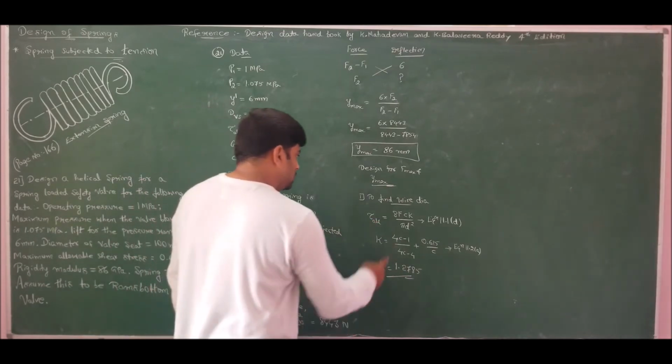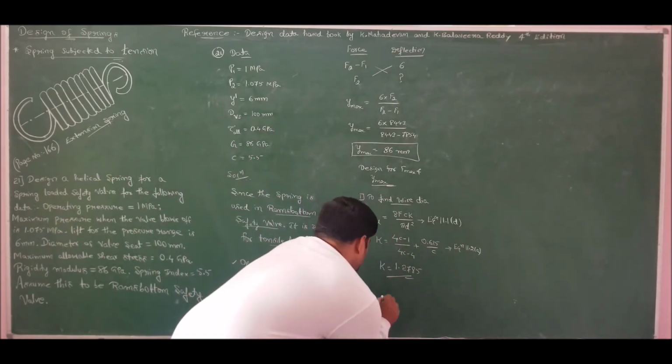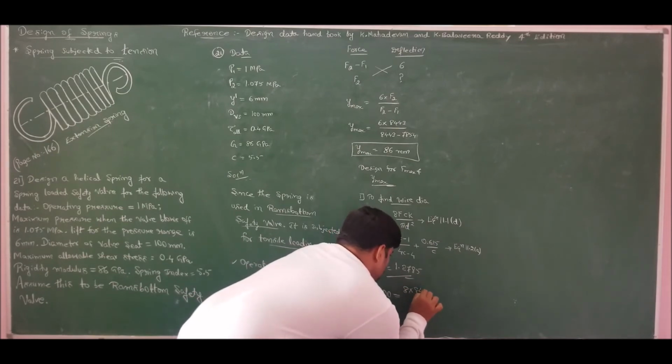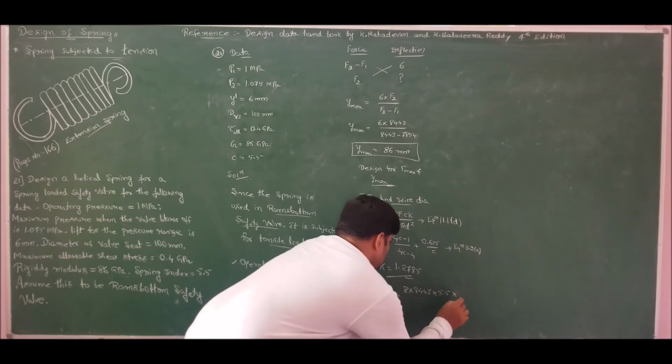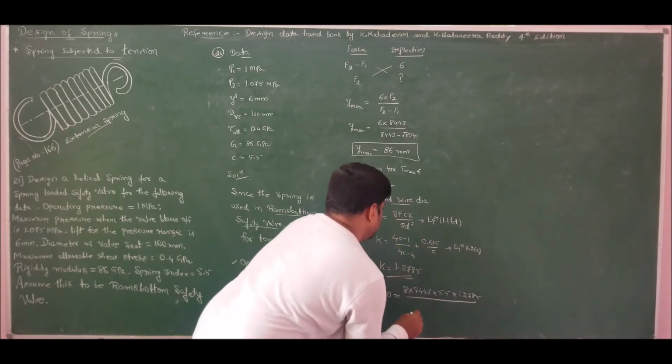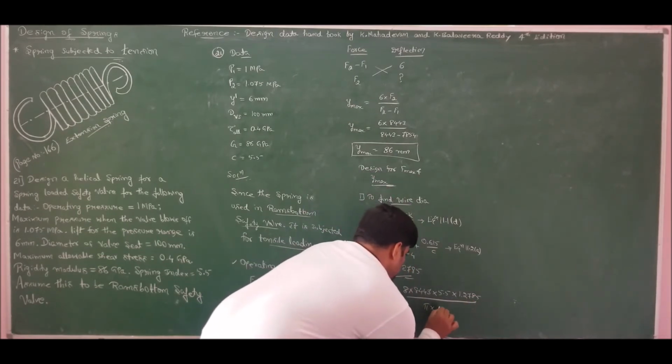So if I solve, I will get the diameter as 400 megapascals is equal to 8 into maximum force 8443 into C is 5.5 into K is 1.2785 whole divided by pi d square.